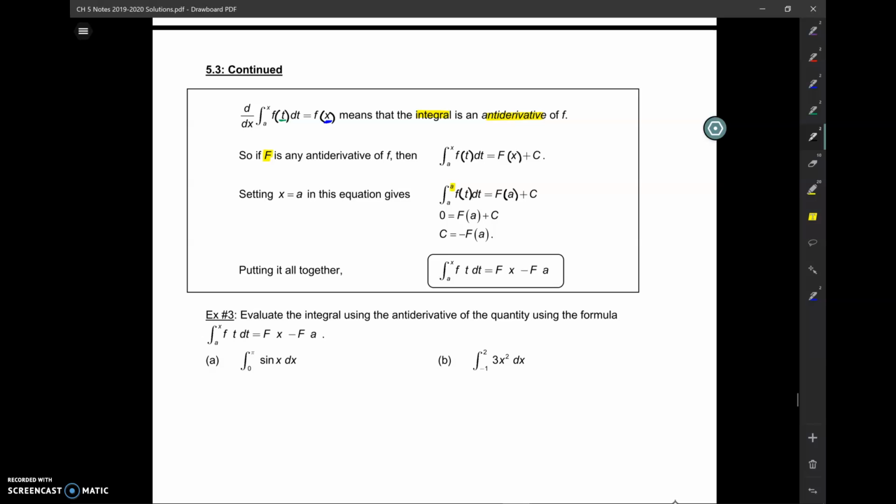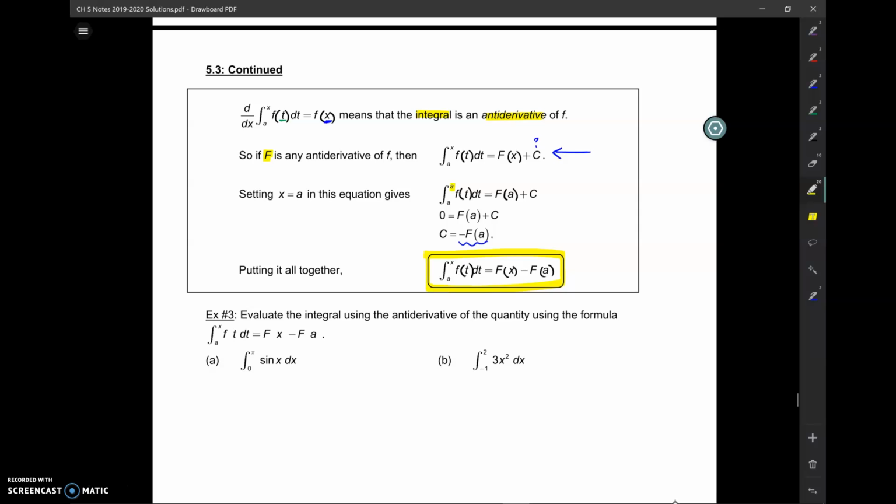Okay, now, going back to this function up here, when I had done a to x of f of t dt, I had gotten F of x plus something c. Well, now I know what that something c is. What is c? Negative F of a. So then the integral, finally, from a to x of f of t dt is F of x minus F of a.